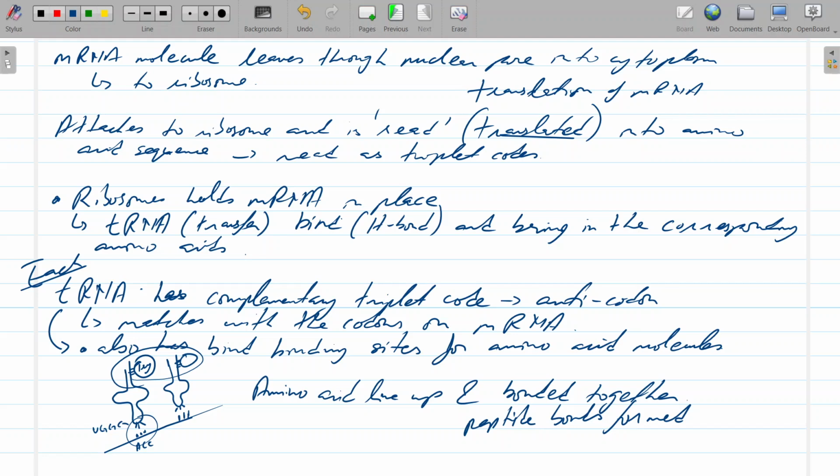Yes. So that's the second kind of RNA that you would find in cells in your body. The third type of RNA is ribosomal RNA. Ribosomes are basically made of protein and RNA, right?